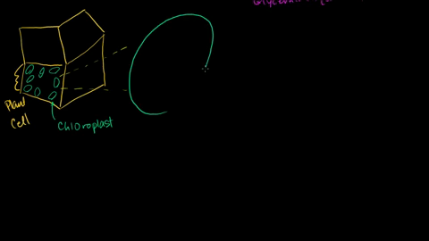If we zoom in on one chloroplast, it has a membrane, just like that. And then the fluid inside of the chloroplast, inside of its membrane, all of this fluid, that's called the stroma. The stroma of the chloroplast.